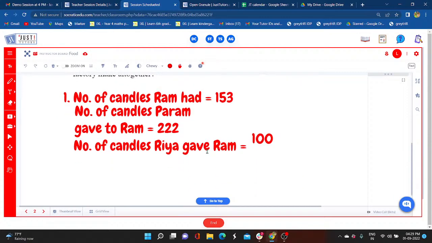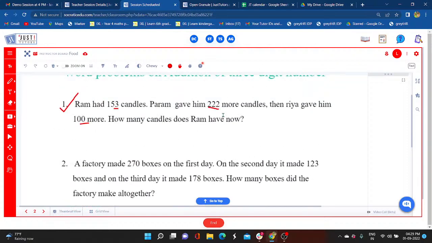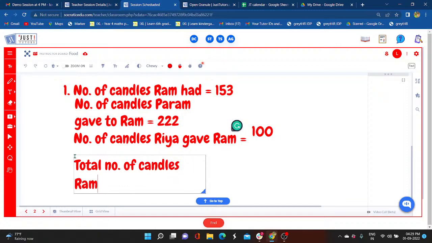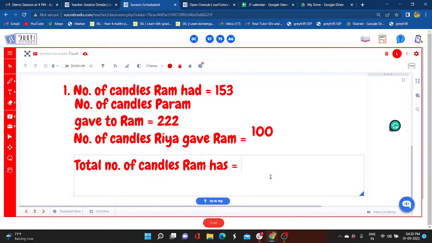Now we have to find what? How many candles did Ram have now? So what would my next statement be? Total number of candles Ram has is equal to 153 plus 222 plus 100.